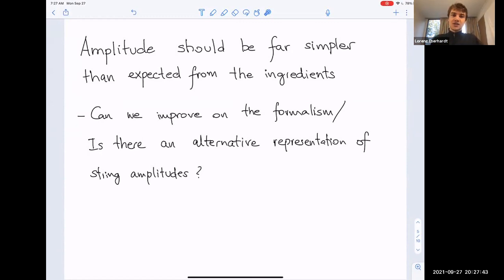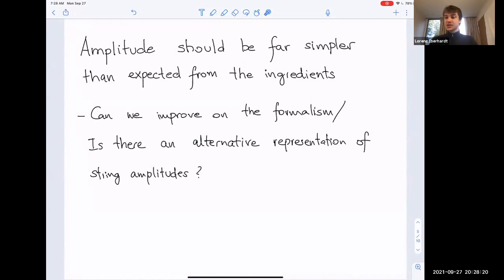So all of that, at least to me, is some hint that there should be some improvement of the formalism that doesn't go through the intermediate difficulties, but immediately ends up with some nicer representations of string amplitudes. Just some analogy I have in mind is that in field theory we have by now many tools that do everything directly on shell, like for instance the amplituhedron and things like that, that greatly reduce computational difficulty and make many properties manifest.